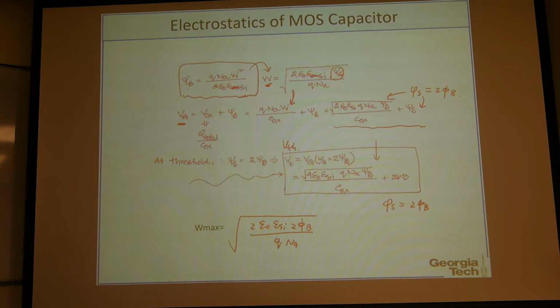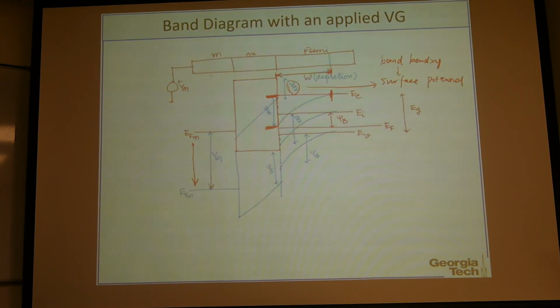Can you explain again what exactly phi represents? Phi s, phi b, phi d, what does the phi represent? So the phi s, let's do this one more time. Phi s is the bending of the band at the surface. In this substrate, this is p-type, right?